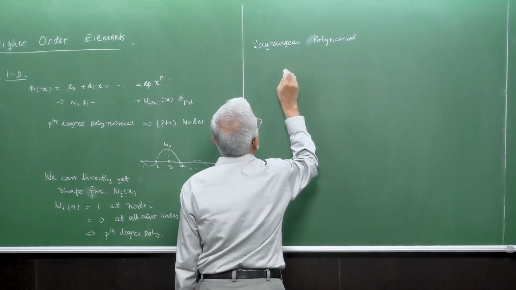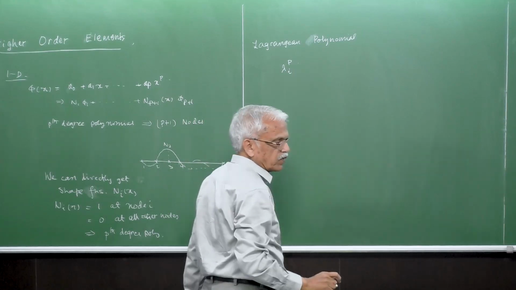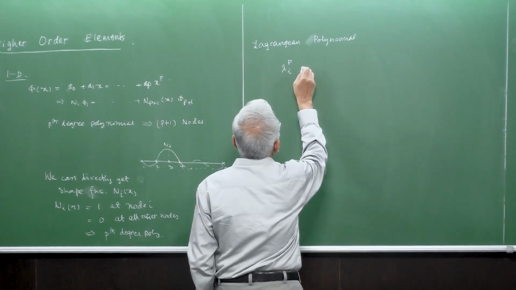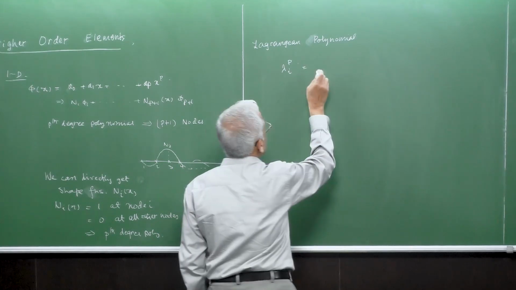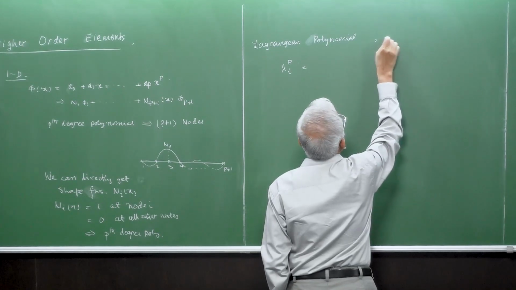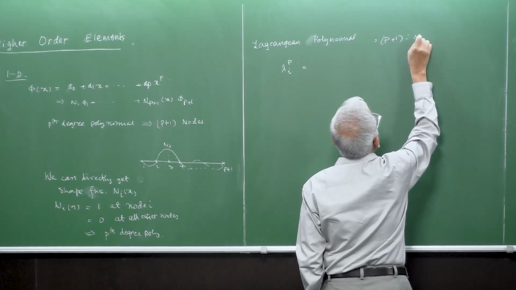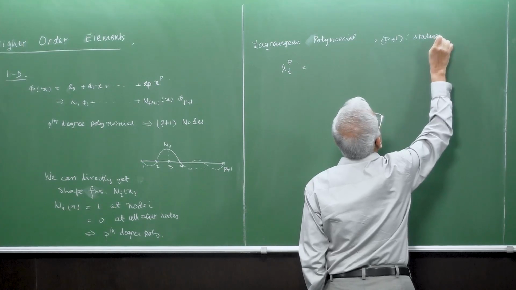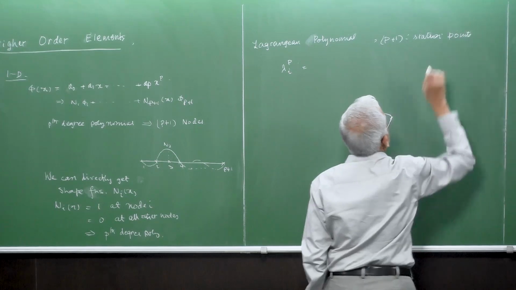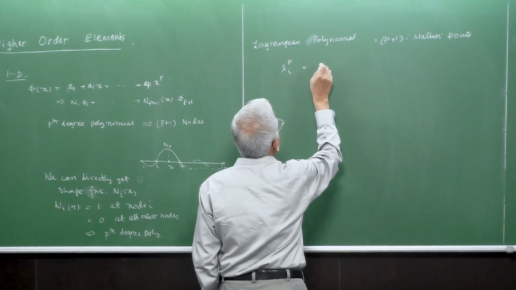So what is Lagrangian polynomial? Say if it's a pth degree polynomial, it will have p plus 1 polynomials corresponding to i. So it has p plus 1, either we call it nodes here or here they call it station points. So it has p plus 1 station points, and so it will have this form.